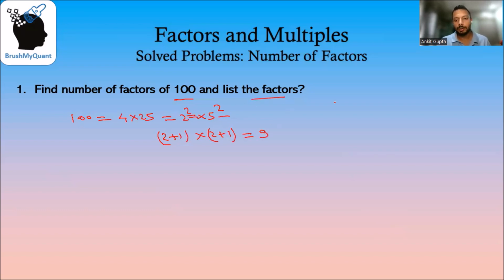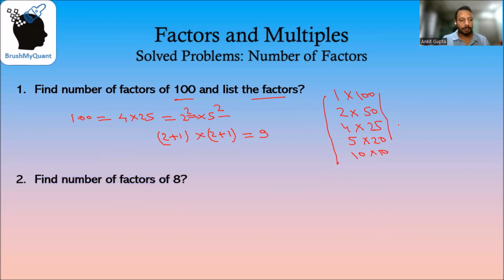And if you have to list down those factors, we can write them as 1 into 100, 2 into 50, 4 into 25, 5 into 20, and then 10 into 10, making this 5 plus 4, totally 9 factors.